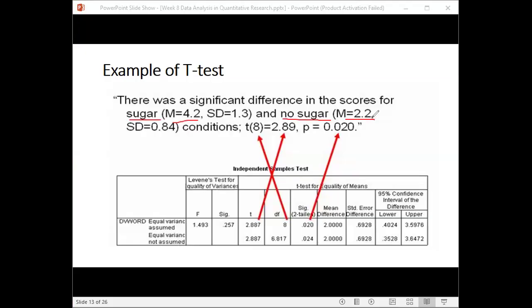We can say that. But the point is that we need to test it statistically to tell us, yes, indeed, there's a statistical difference between sugar and no sugar, or between males and females in terms of performance, in terms of their GPA or their class score or whatever it is, right?